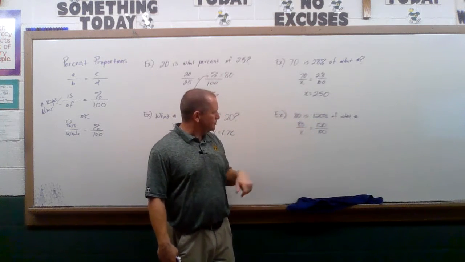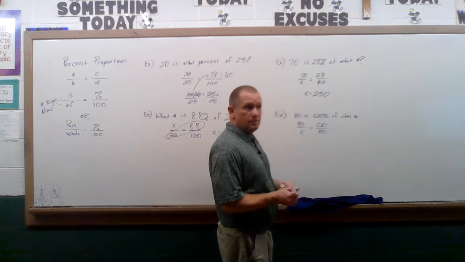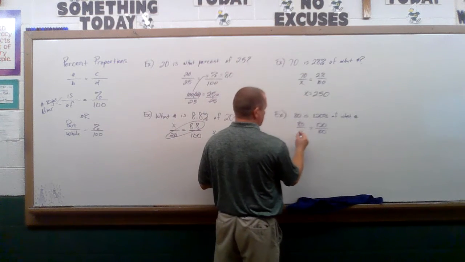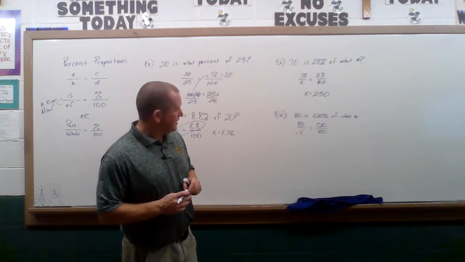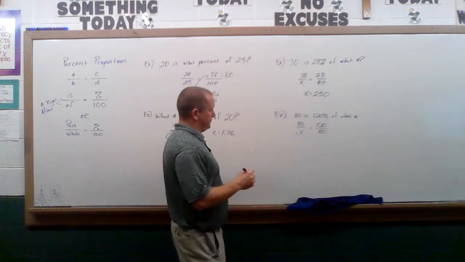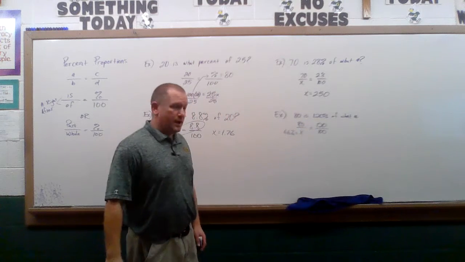So what's 8,000 divided by 120? Somebody punch it in their calculator. 8,000 divided by 120. 66.6, right?